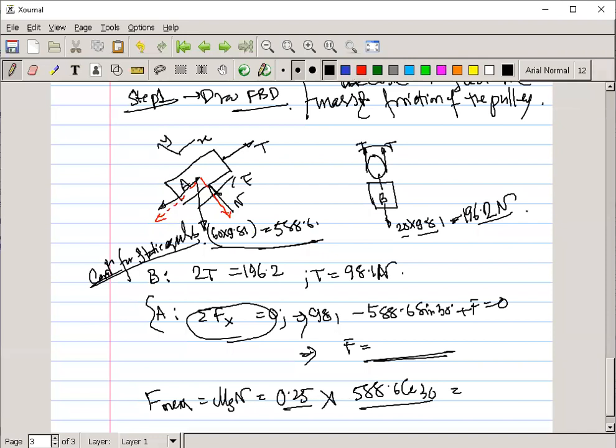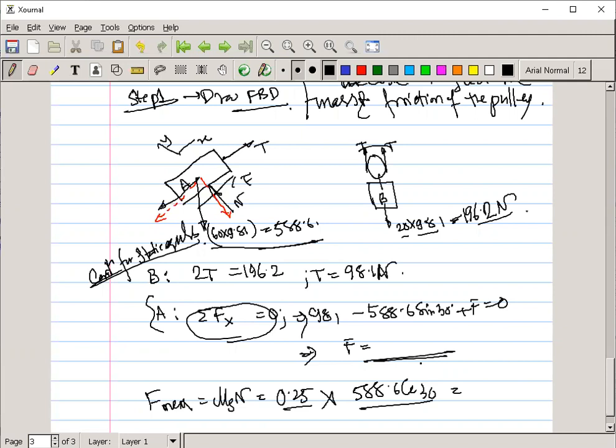Another one is 0.25 into 588 cos 30, which is how much? Can anyone tell me? 0.25 into 588.6 into cos 30, how much is it? Please reply, anybody.